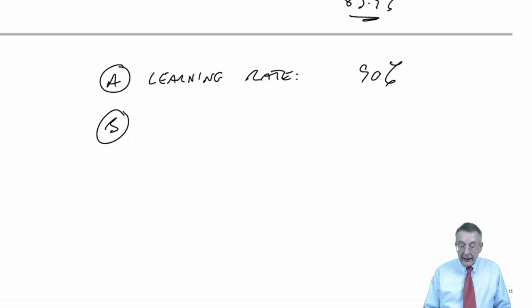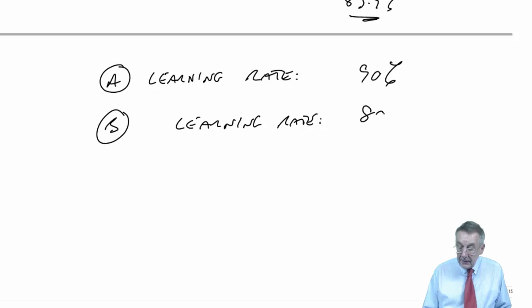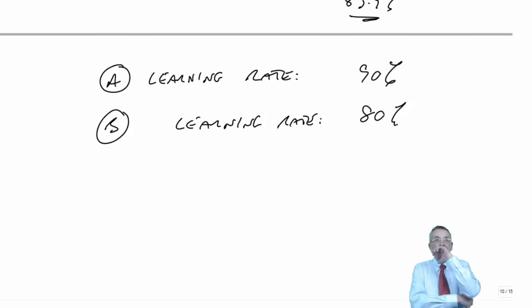The workers in another factory, B, have a learning rate of 80%. Which factory are they learning faster, A or B? Again, make sure you don't fall into a silly trap.